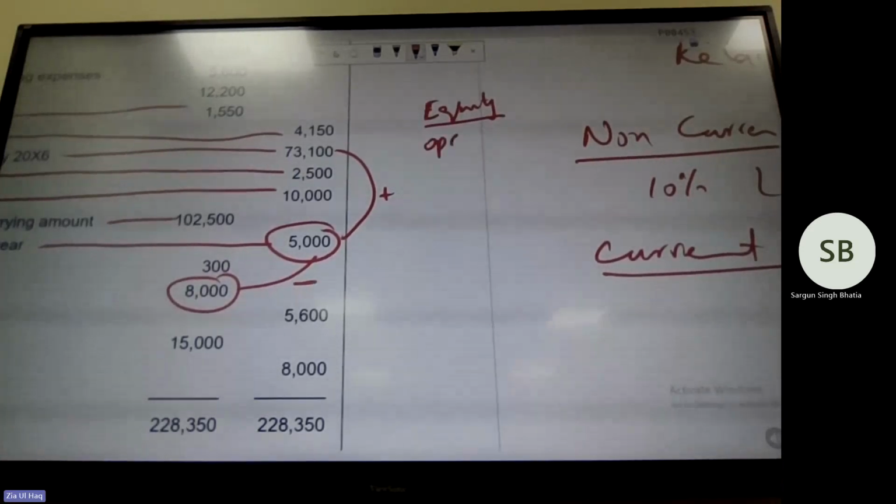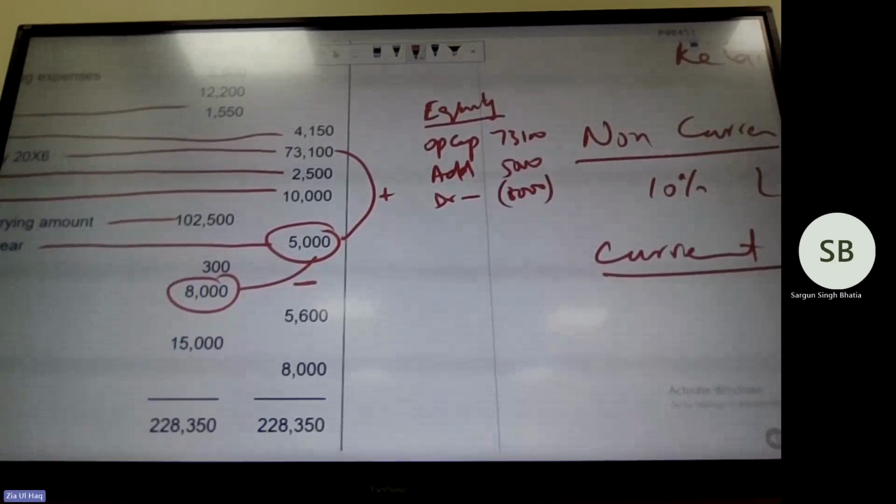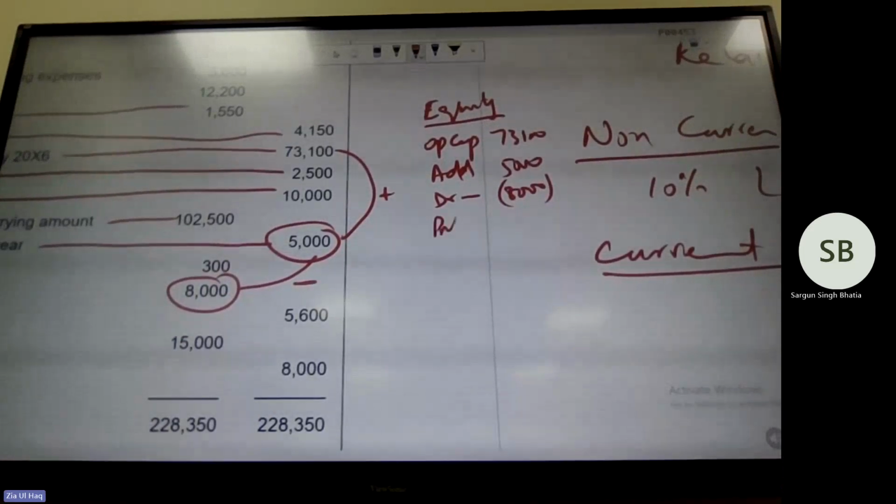So opening capital, the figure was 73,100. Addition, the figure was 5,000, and drawings of 8,000 you need to subtract. Then profit for the year that you need to add, and then total equity will be calculated.